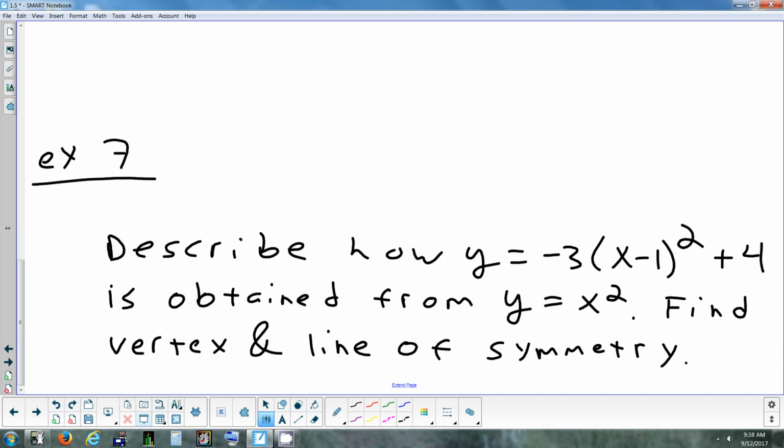All right. How many transformations are happening here? How about Tessa? Do you have a guess how many transformations we're doing? 3?